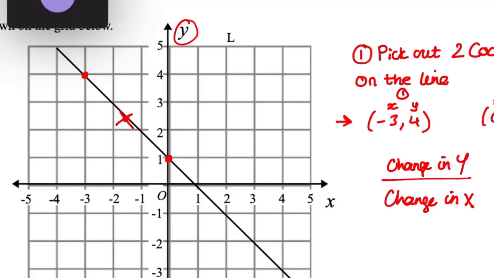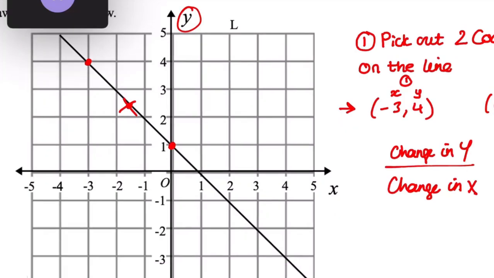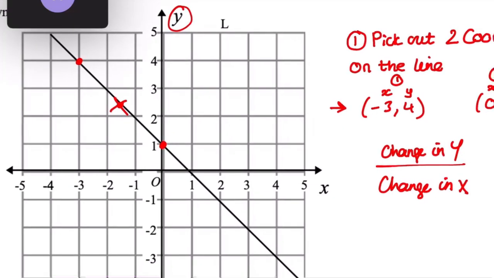The y-intercept is the point at which the line crosses the y-axis. We know that the y-axis is the vertical line, and the x-axis is the horizontal line. This vertical line is the y-axis, and the line crosses the y-axis at this point.